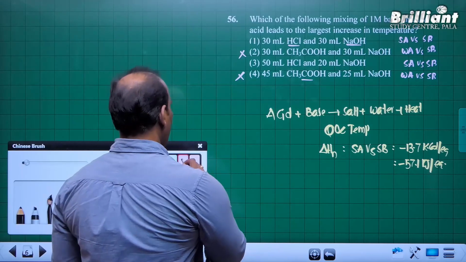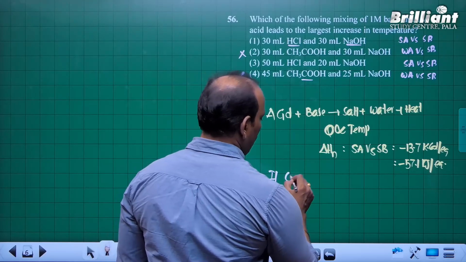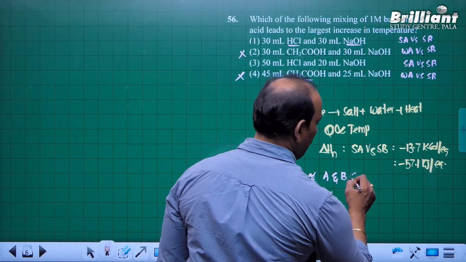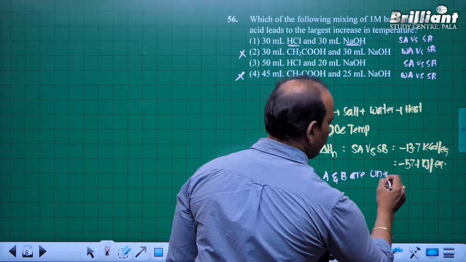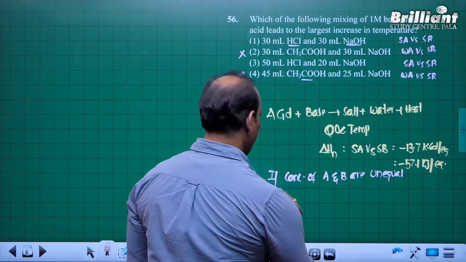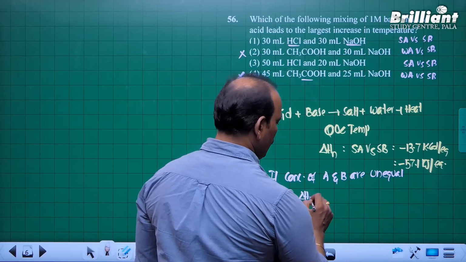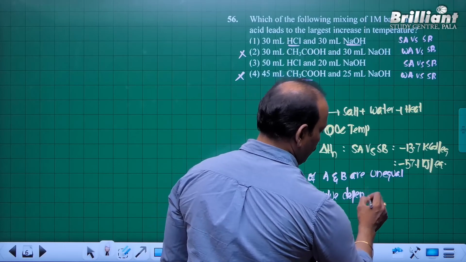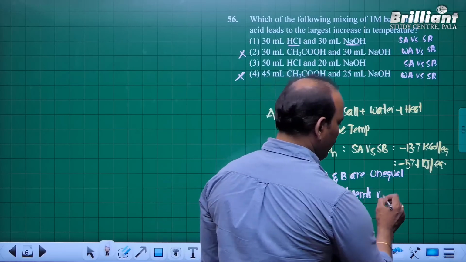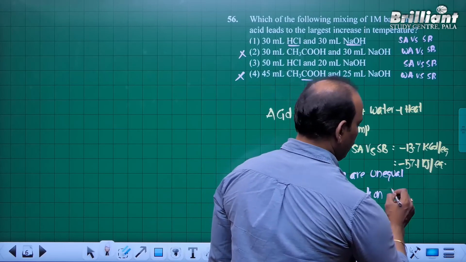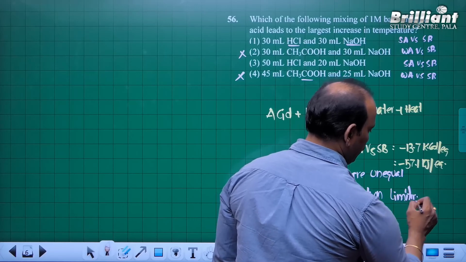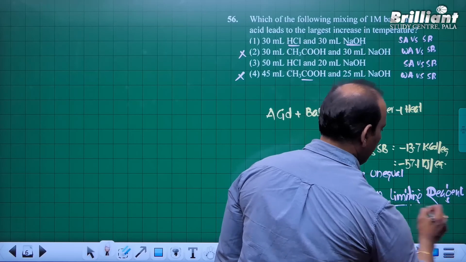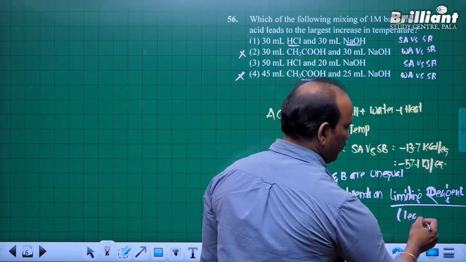So if concentrations of acid and base are unequal, then the heat of neutralization value depends on the limiting reagent. Limiting reagent is nothing but the least concentration.